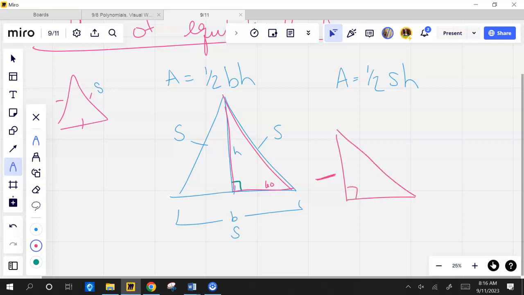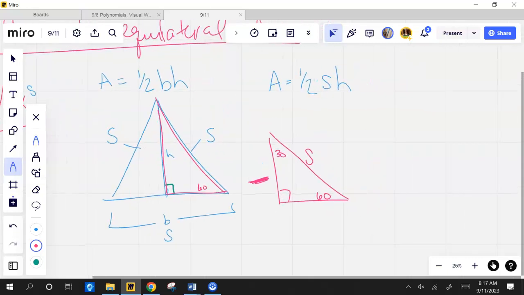All right, so I'm pulling this triangle out here. Remember, I need to know this using only an S. This is 60. That means this is 30. This is S. How do I find the missing sides? That's exactly right. So look, remember 30, 60, 90 triangle.